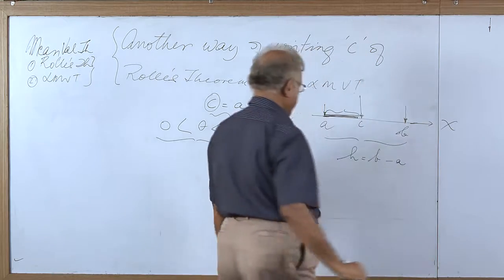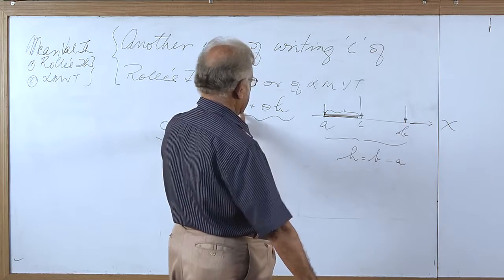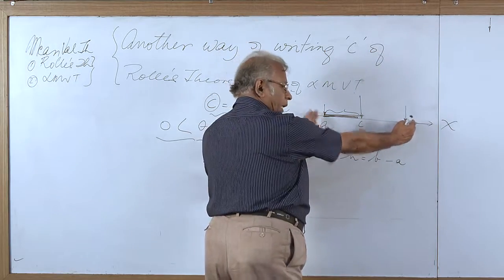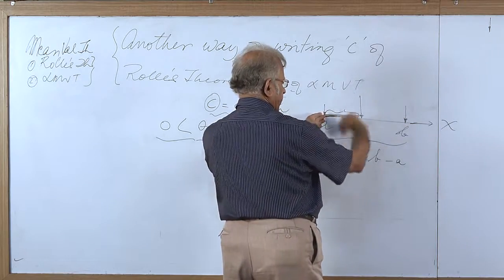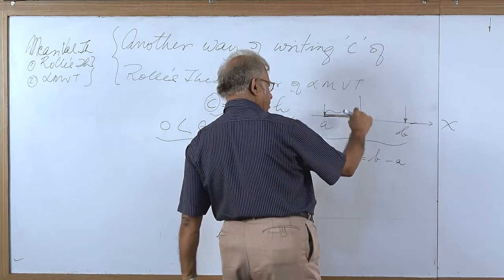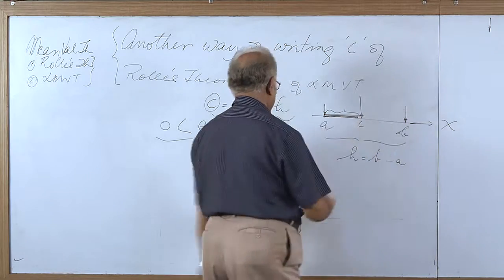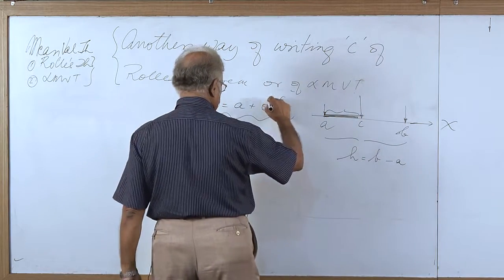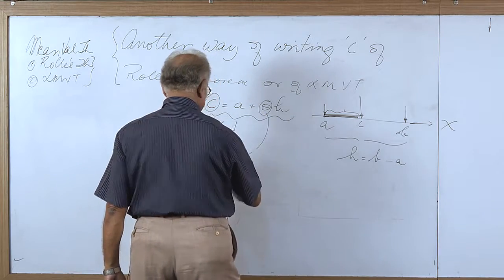This is the additional amount to be added to a to get c. So, c is equal to a plus, you can't take the entire interval. We have to take a fraction of this interval so that we arrive at a value of c that is inside a and b. So, this fraction theta has to be between 0 and 1.